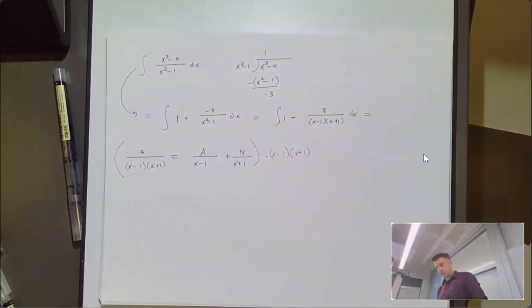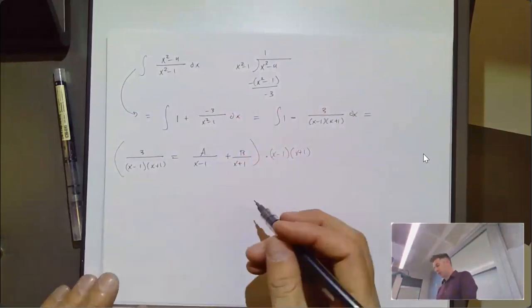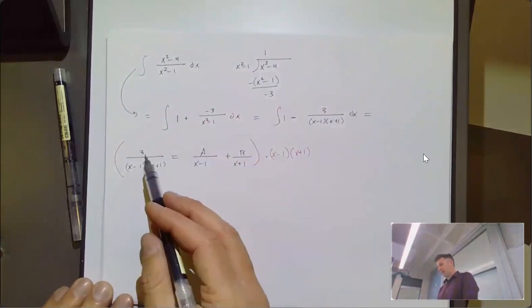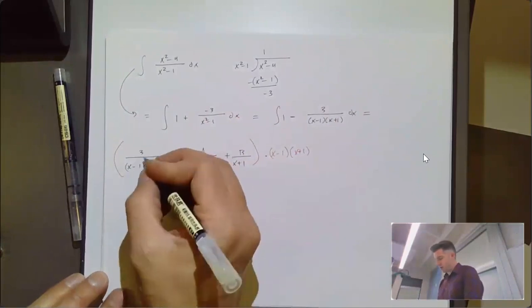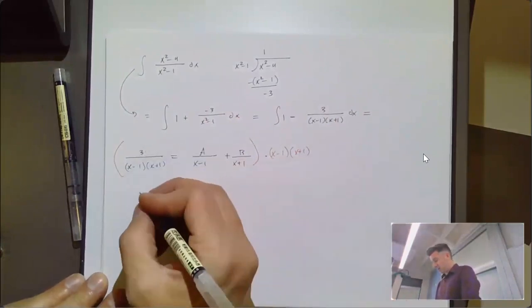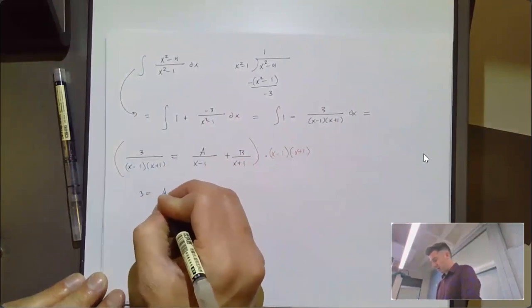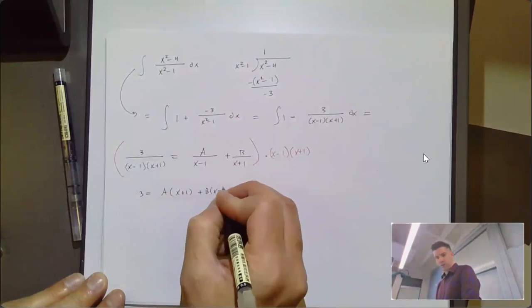So we should be getting a 1/2 and a -1/2, I think, for A and B. I don't remember which one's which, so let's find out. Or maybe a 3/2. I forgot about the 3. If I multiply both sides by that, I get 3 equal to A times (x plus 1) plus B times (x minus 1).